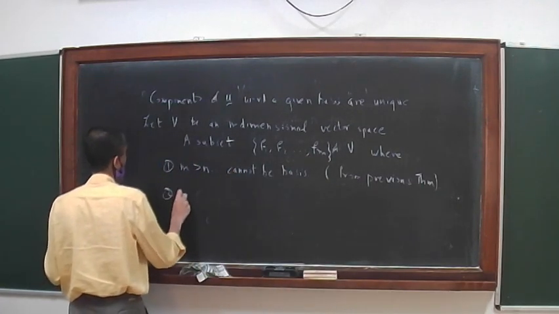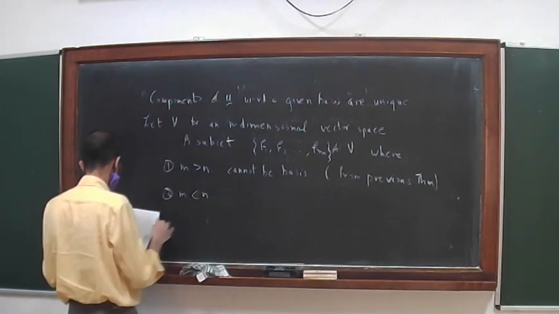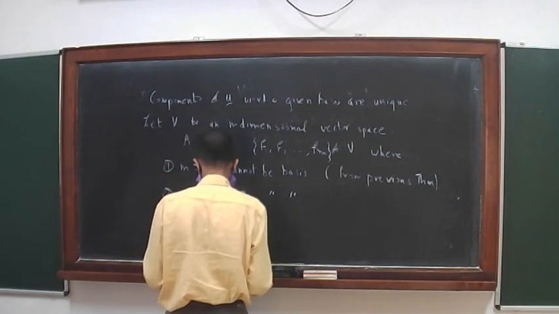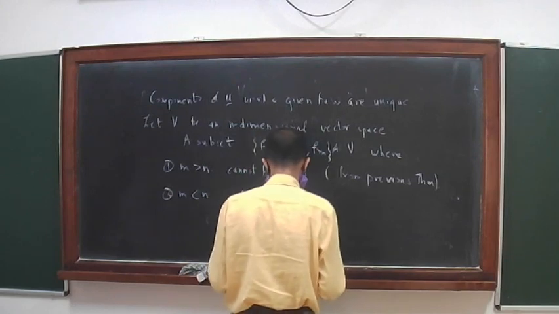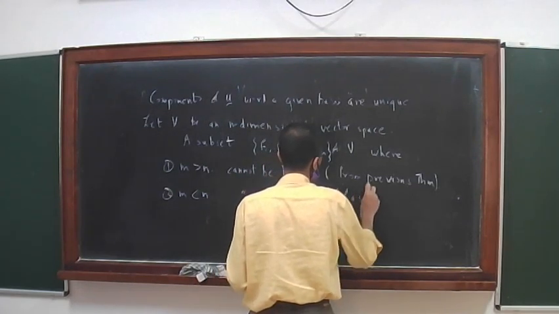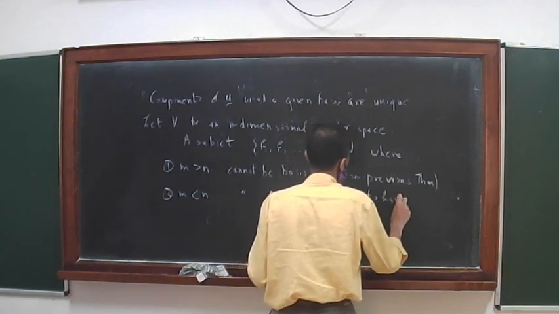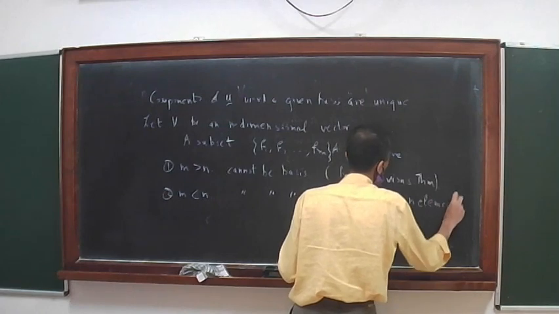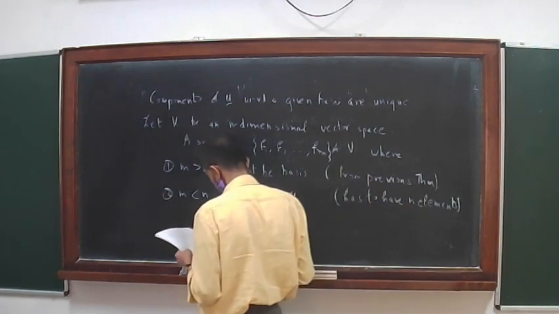That is also not possible, right? That cannot be a basis, because any basis has to have n elements. It's an n-dimensional vector space, so it cannot be a basis.